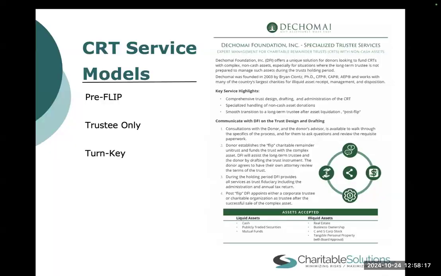Now, I will conclude with our 3 CRT service models, and I would point you to the Charitable Solutions website to give you a more in-depth explanation of all 3 of them. There's 3 fact sheets there that you can download and review.